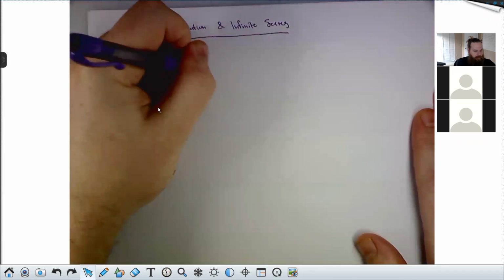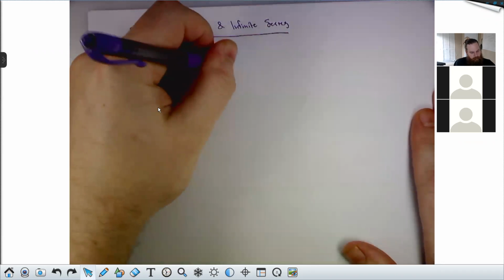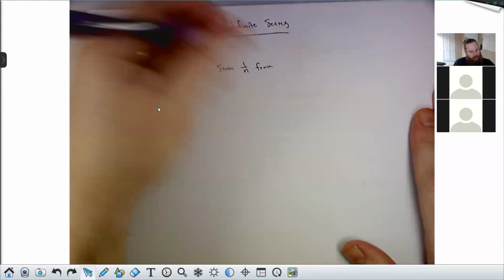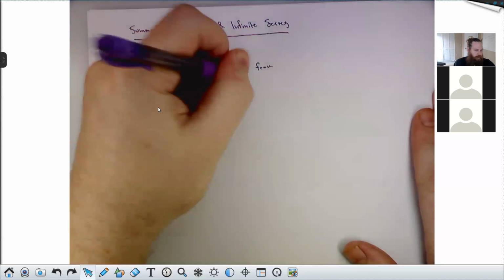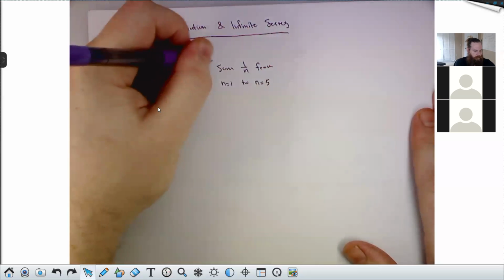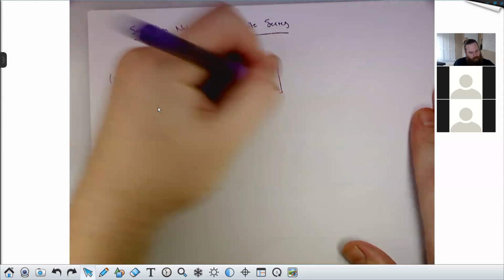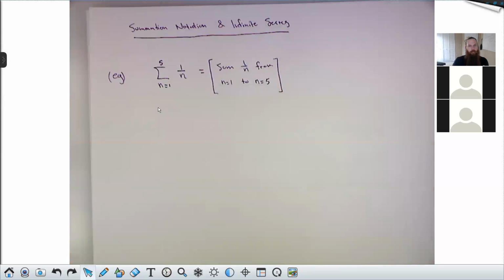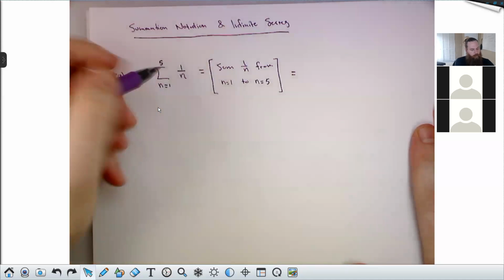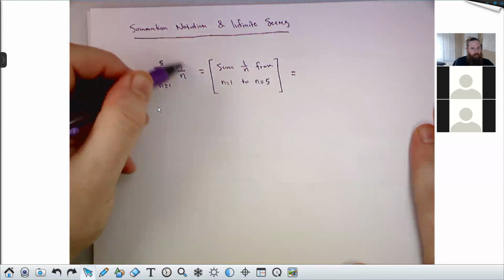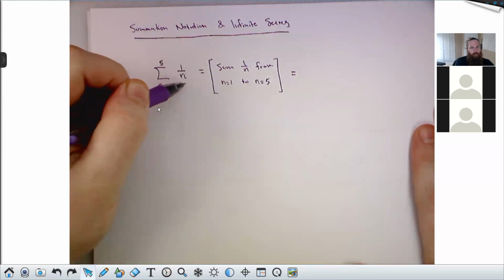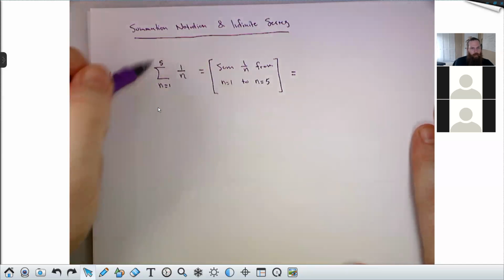So what this says is sum 1 over n from n equals 1 to n equals 5. That's the way we would read this. Sum there meaning add up. So in other words, we're going to take this sequence that's inside here, 1 over n, and add up all of those terms as n goes from 1 to 5.